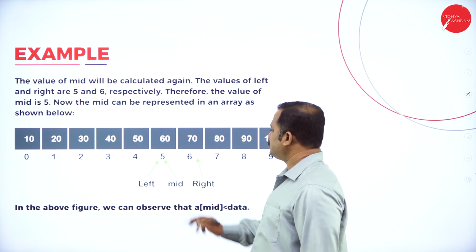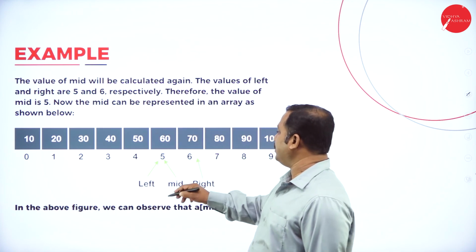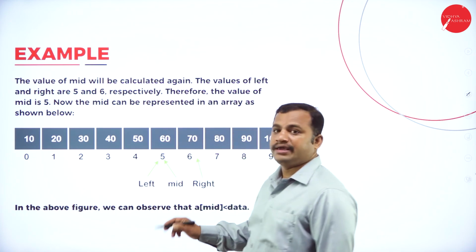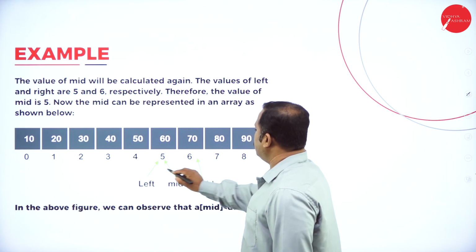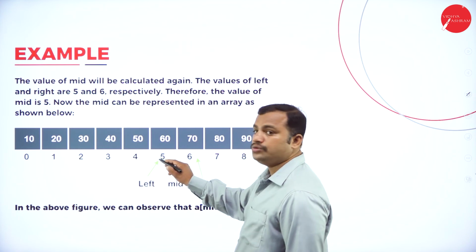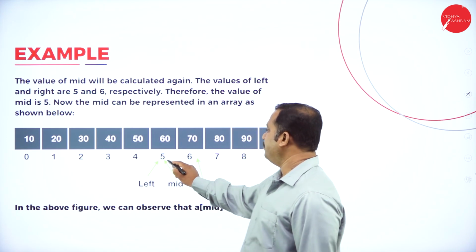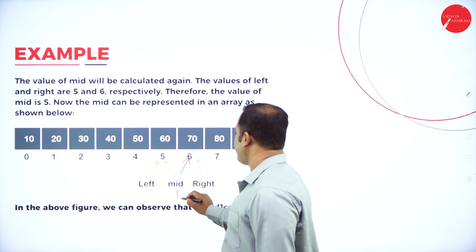With this, I want to search for an item 70, which is greater than mid. Again, what happens? Now, left has to be shifted from here to which position? Mid plus 1. This becomes your left.